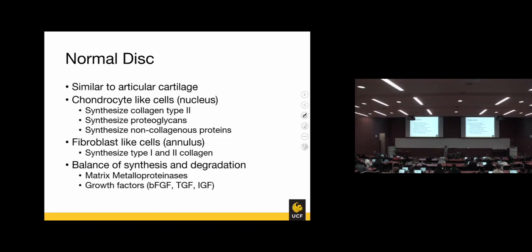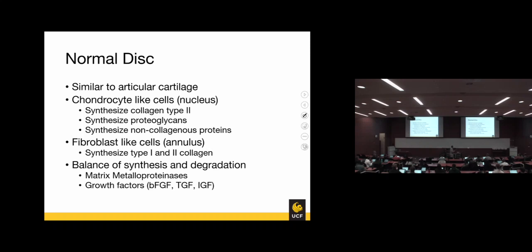All right, so the normal disc is similar to articular cartilage, although it doesn't have as much of the collagen. It has chondrocyte-like cells, which are in the nucleus. They synthesize type 2 collagen predominantly. They synthesize proteoglycans and then some non-collagenous proteins, which are a very small minority of the contents. They also have some cells in the annulus, which also will synthesize type 1 and 2 collagen, because that's what the annulus has predominantly.